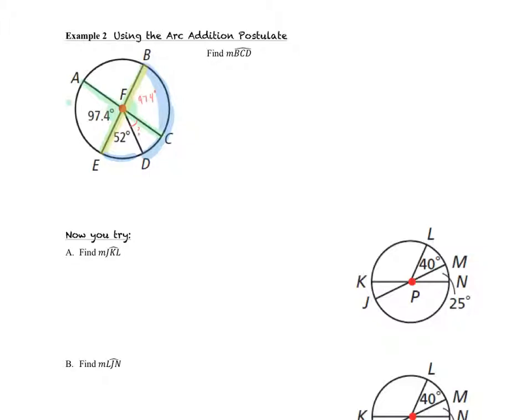So I have my 97.4, and I could subtract that from 180. 180 from the diameter, since that's what the diameter equals, minus the 97.4 minus the 52 that we know will give me that question mark that I've placed there.